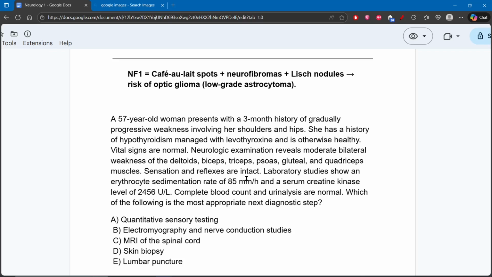Sensation and reflexes are intact. Lab studies show an erythrocyte sedimentation rate of 85 millimeters per hour and a serum creatine kinase level of 2,456 units per liter. The complete blood count and urinalysis are normal. Which of the following is the most appropriate next diagnostic step?